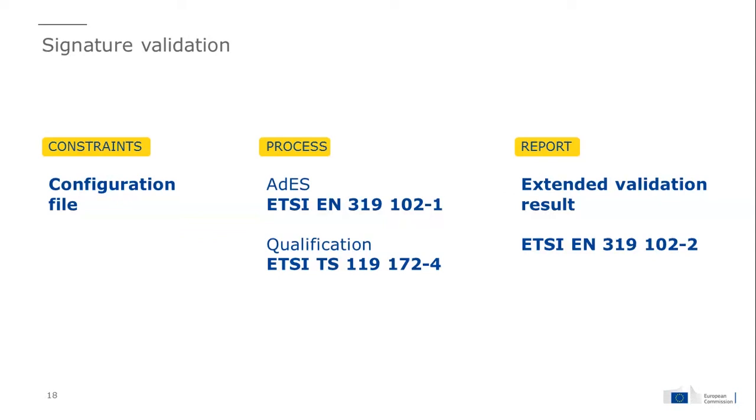This is the place where you can set your particular constraints, for instance if your validation policy requires you to reject particular algorithms or particular levels, or you don't want to validate with a revoked certificate, or you don't want to support PKCS7, etc. But again, this is outside of the scope of this first webinar, and we encourage you to go to the documentation for that.